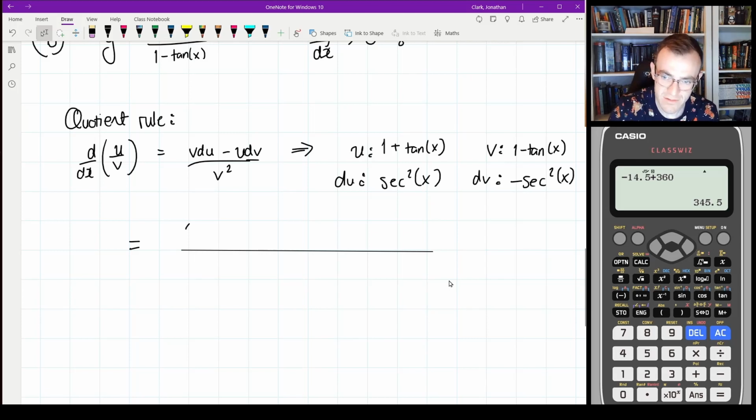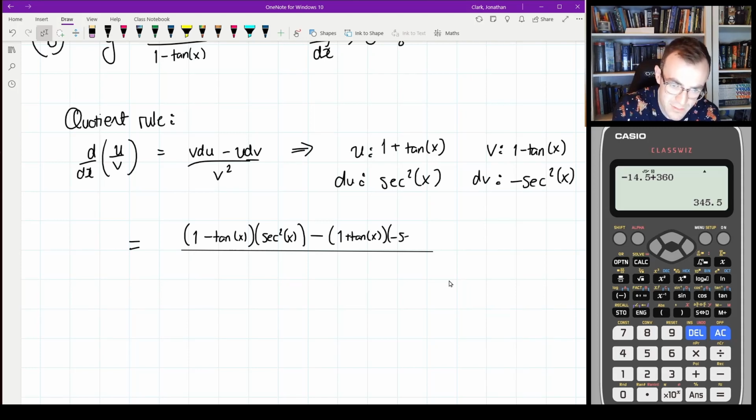So this is going to be v times du minus u times dv. Bottom of the fraction is going to be 1 take away tan squared. There we go. Right, it looks pretty gross.